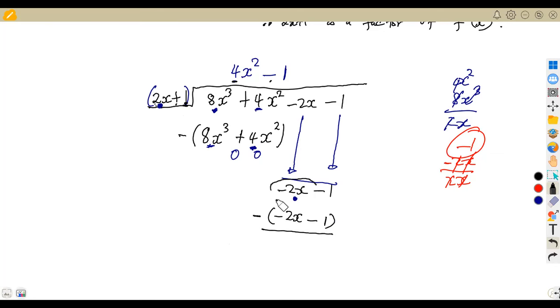From there we subtract. This whole expression and this whole expression are actually the same.